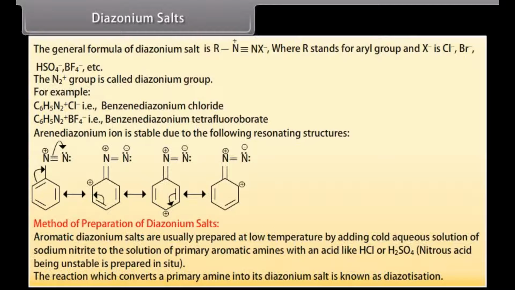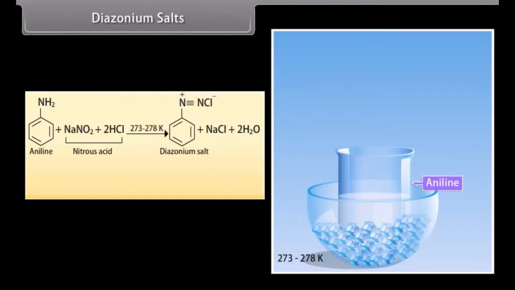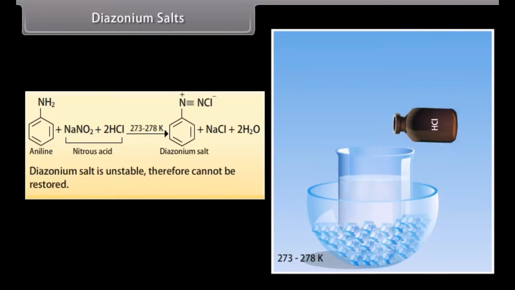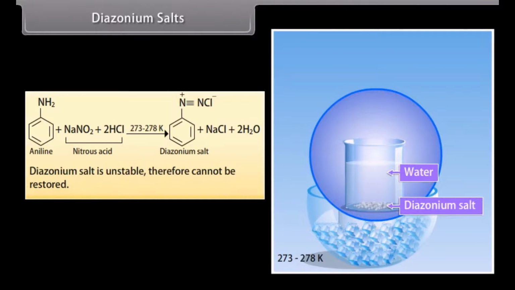The reaction which converts a primary amine into its diazonium salt is known as diazotization. Aniline reacts with cold aqueous solution of sodium nitrite and hydrochloric acid at 273 to 278 Kelvin, and it produces diazonium salts. Diazonium salt is unstable, therefore cannot be stored.